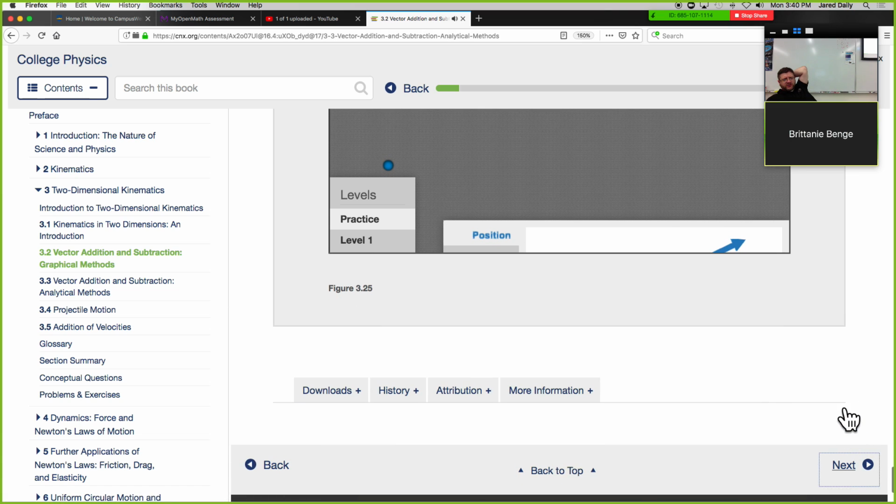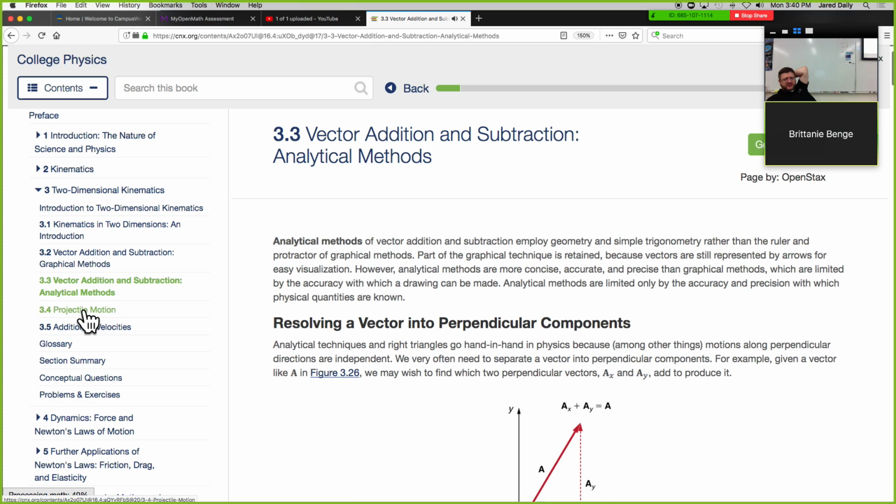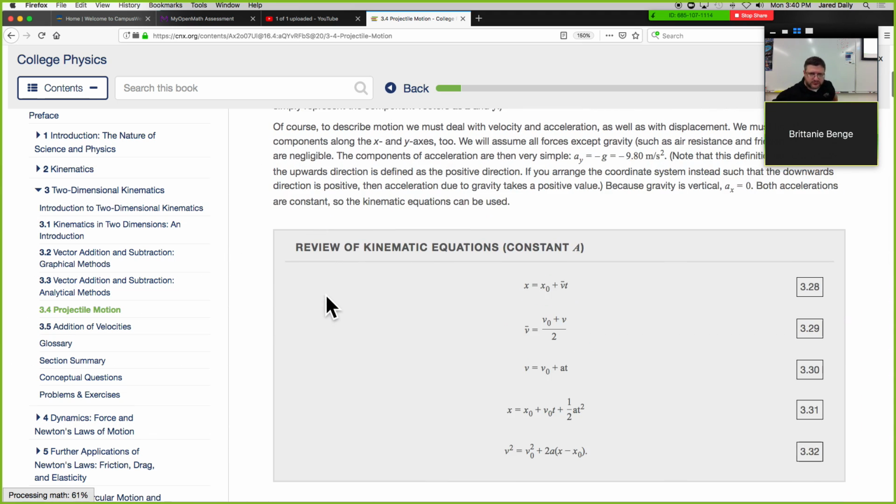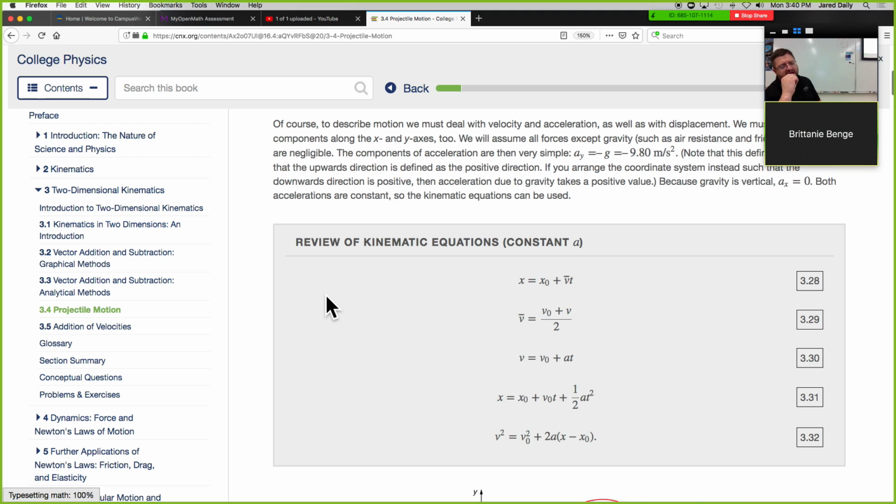I always struggle to find it in this for some reason. Here we go. So if we have the initial velocity, we have the distance and the time, which equation can we use to find the acceleration? And it turns out to be this one right here.